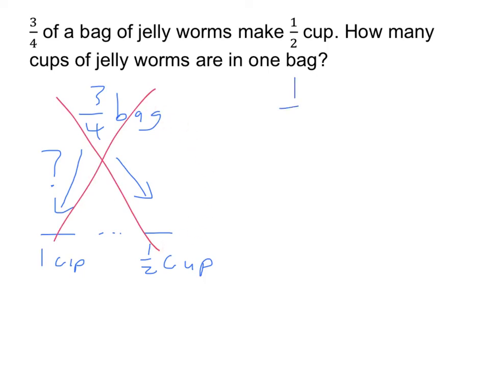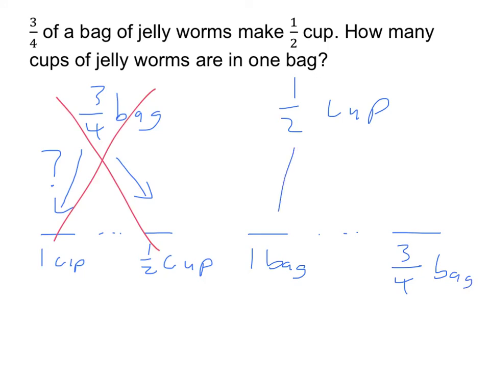So let's put a 1/2 of a cup at the top, and then we're going to put our groups on the bottom as bags. And so we've got like 1 bag, and then a total of 3/4 of a bag. And then we'll draw an arrow here with a question mark beside it. Another arrow here.